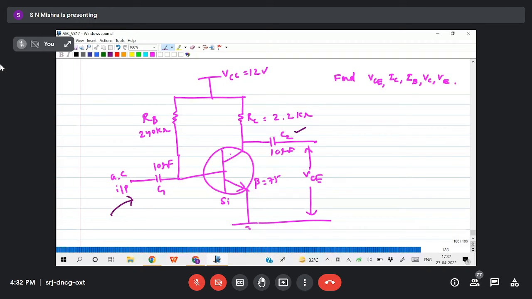So DC will be suppressed there and AC will be obtained at the output. So that has nothing to do with the circuit calculation. Even if the question is given like this, forget about C1 and C2 and solve as I have done. Quickly do it and tell me what is IB, what is IC, what is VCE, what is VC, what is VE.